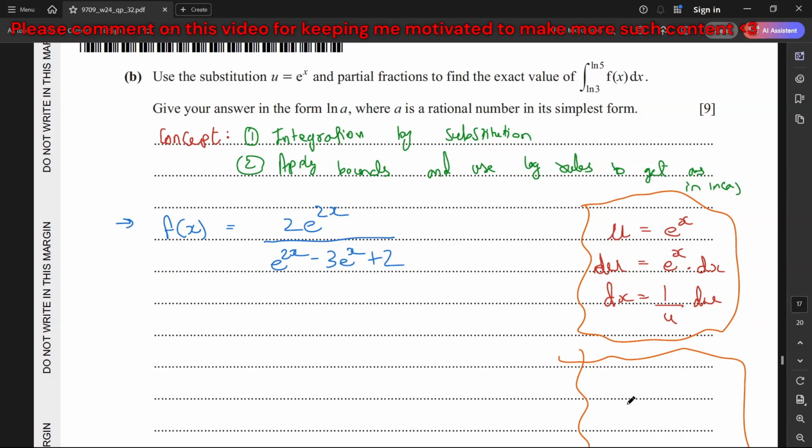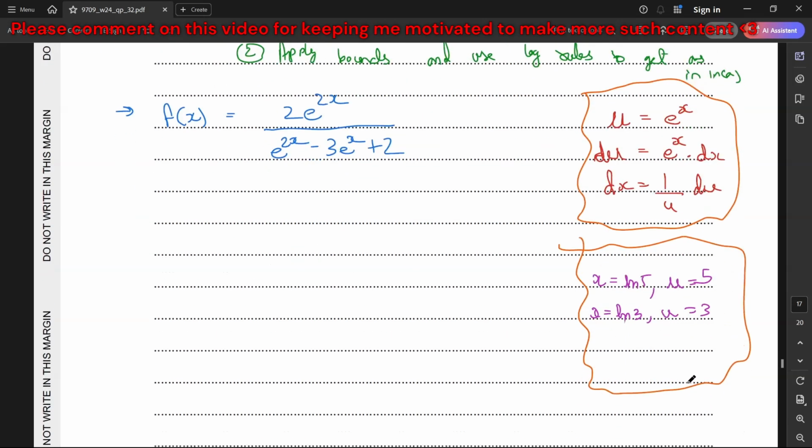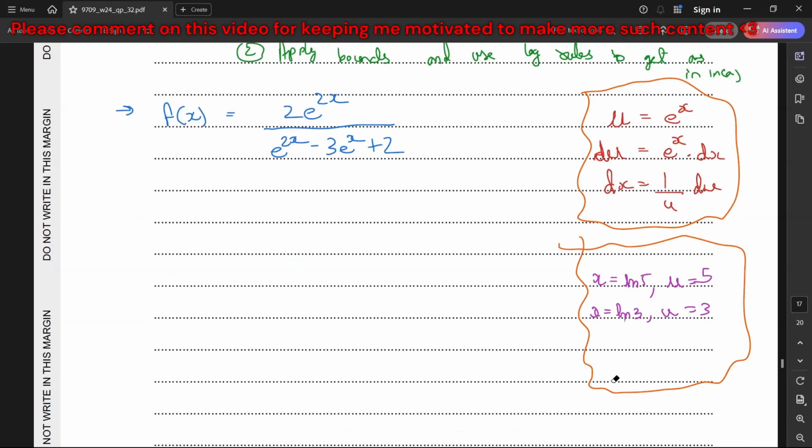When x was ln 5, my u is coming out to be e to the power of ln 5, which is 5. And when my x was equal to ln 3, obviously my u will be equal to 3. So that is how I'm going to plan this, and I'm just going to erase this bottom part because it is consuming a lot of extra space. Now I'm just going to close this up with my orange pen, and I'm done.